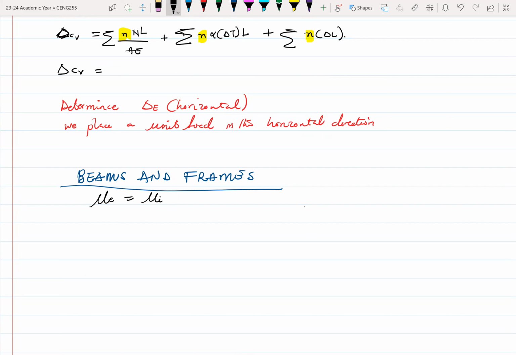From our SHS days, we learned that work is what? Force times distance. If there's no distance, there's no work done. So you can still apply a force, all right, but if there's no movement of that object, work has not been done, right?